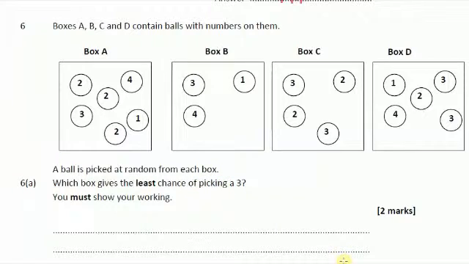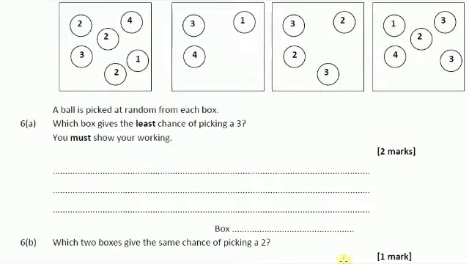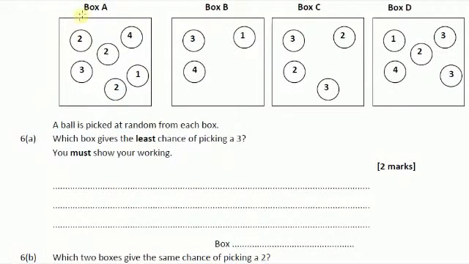So we have to work out the probability of getting a 3 in each case. So box A, probability of getting a 3 is going to be, well, how many 3s are there? There's just one ball with 3 on it out of 6 altogether. So it's 1 out of 6.